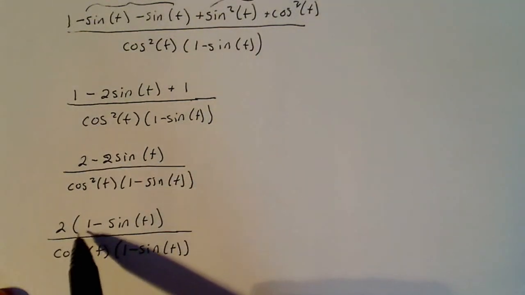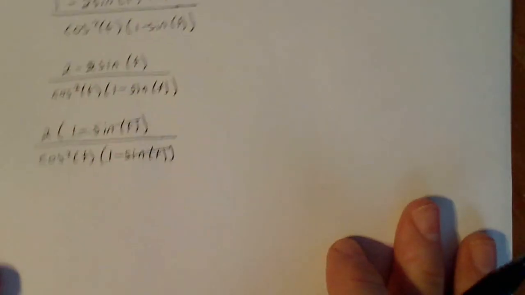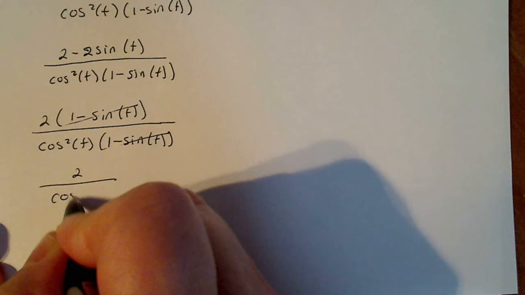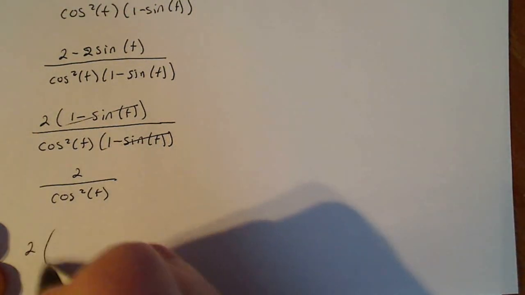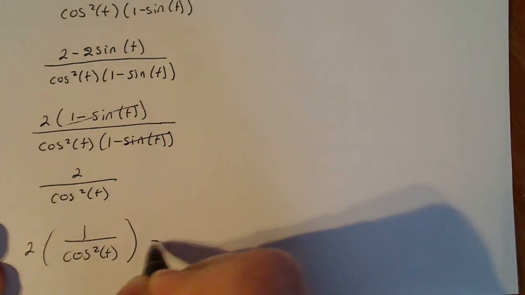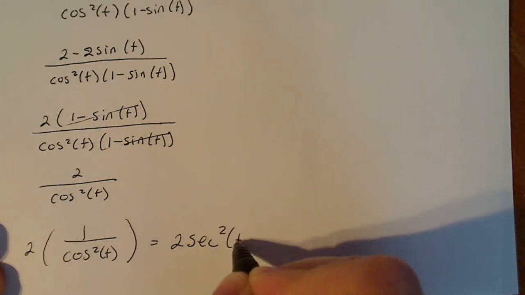Now I have this factor of 1 minus sine t that I can reduce, and I'm left with 2 over cosine squared t, which can be written as 2 times 1 over cosine squared t, which is then equal to 2 times secant squared t.